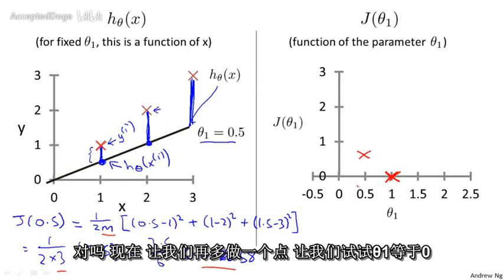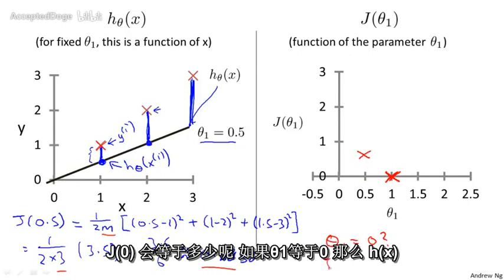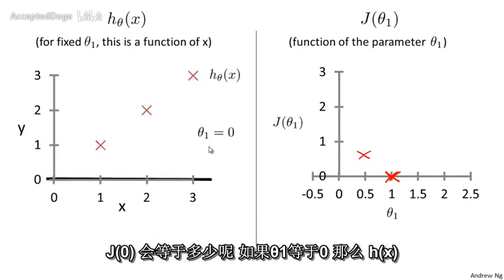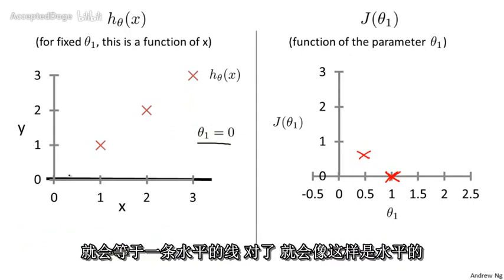Now, let's do one more. How about if theta 1 is equal to 0? What is J of 0 equal to? It turns out that if theta 1 is equal to 0, then h of x is just equal to this flat line, right? That just goes horizontally like this.